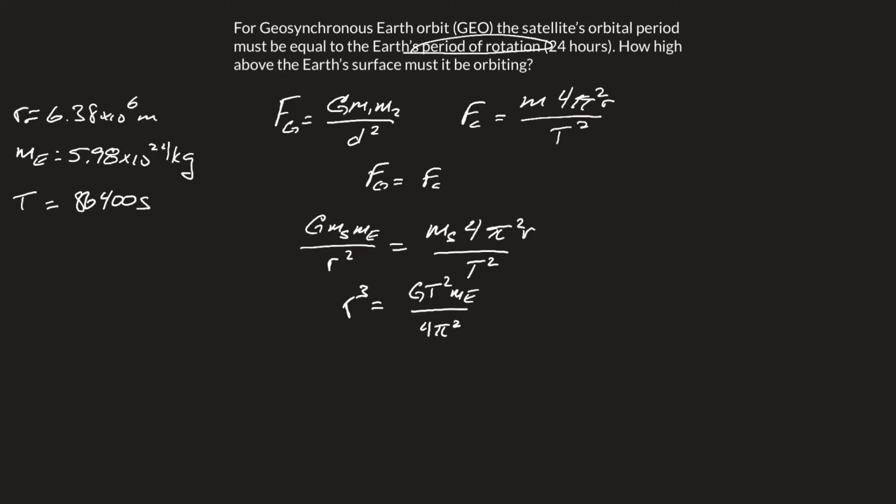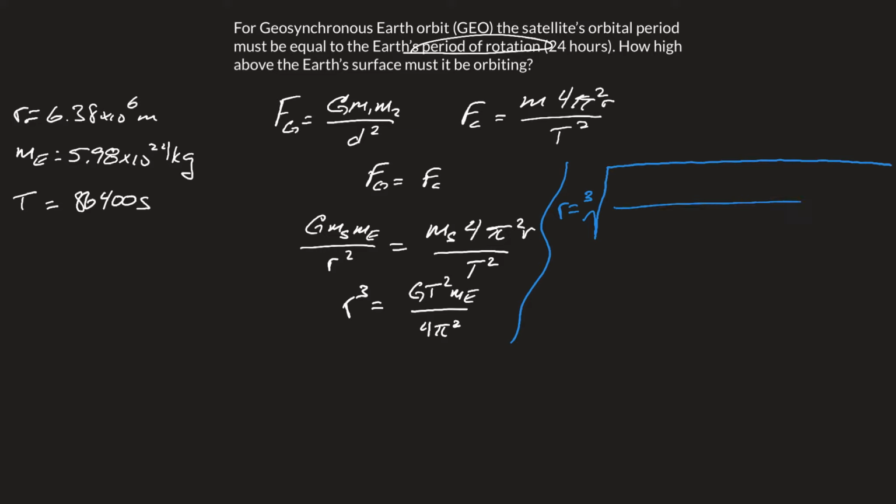I'm going to move my work off to the side here to give myself a little bit more room. I end up with r is equal to the cube root of our variables there in the middle.